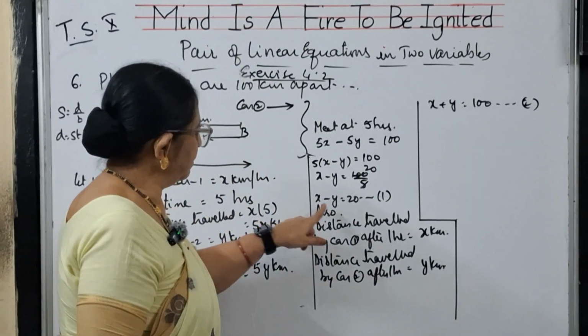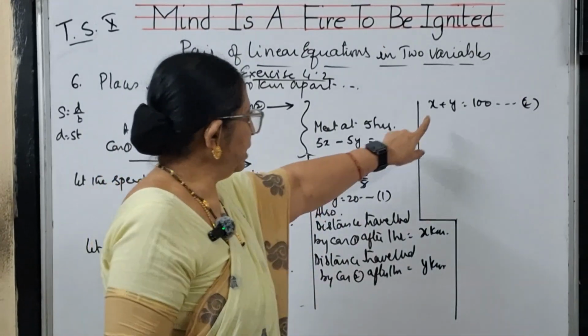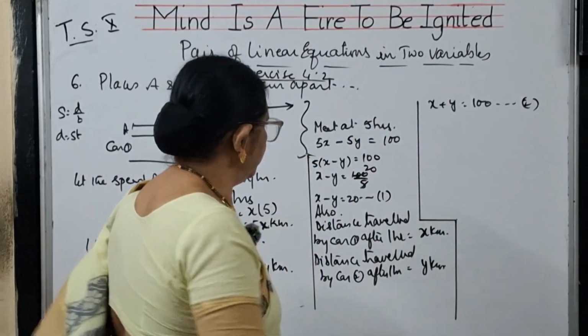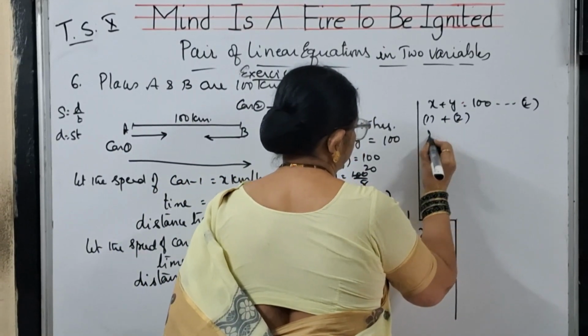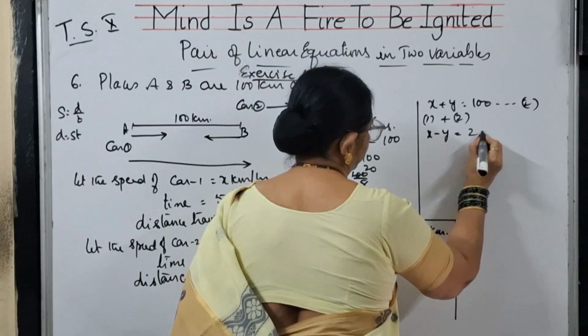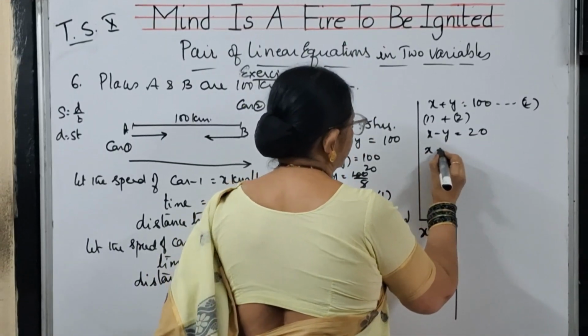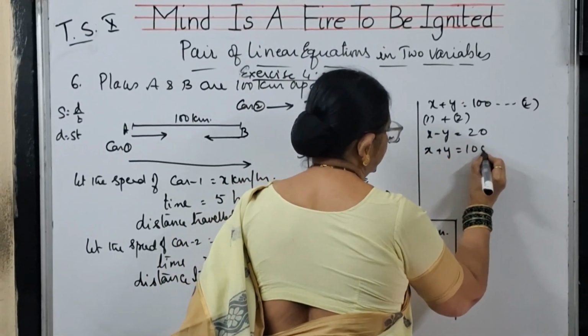So first equation is x minus y is 20 and this is x plus y is 100. So you can directly add first equation and second equation. x minus y is equal to 20, x plus y is equal to 100.